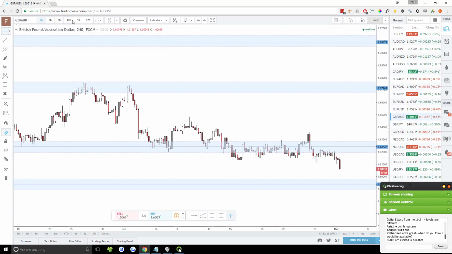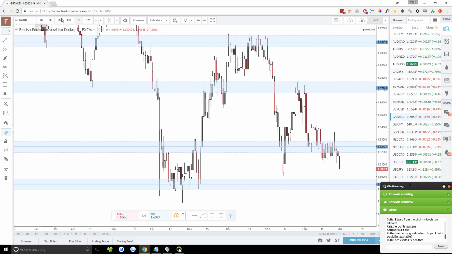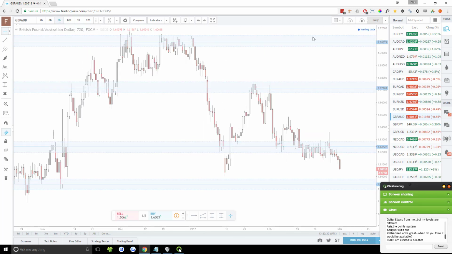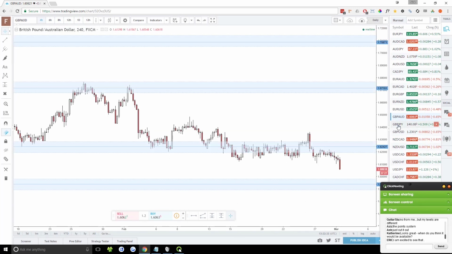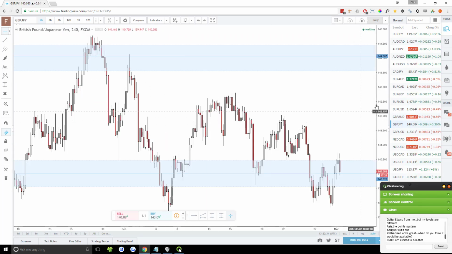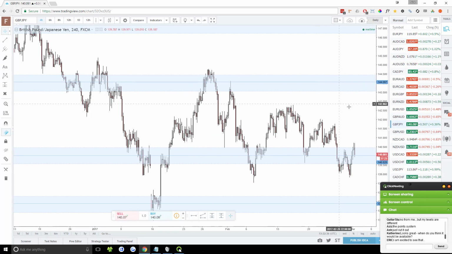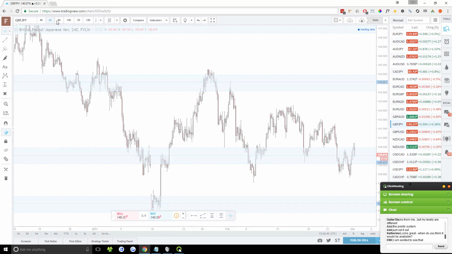GBP USD has fallen below resistance, so nothing really tradable here. GBP JPY looks like a bit of a continuation, but it's way too high in the resistance area. And the last two times it popped below, it reversed pretty quickly.